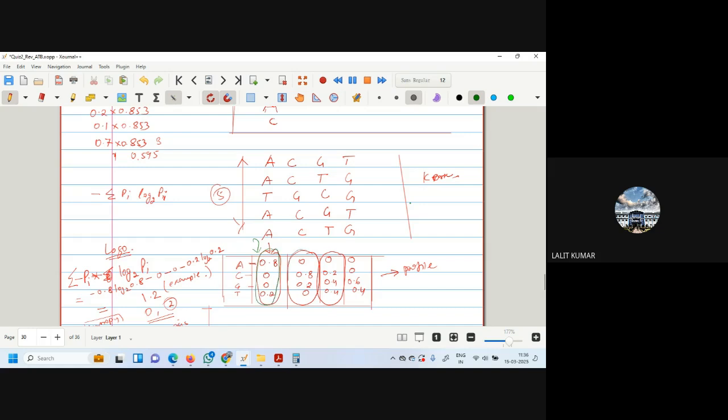This is another logo. For example, 0.8, so it will become minus 0.8 into log 2 of 0.8. Then these are 0, so this will become 0, 0. And this will become minus 0.2 into log 2 of 0.2.